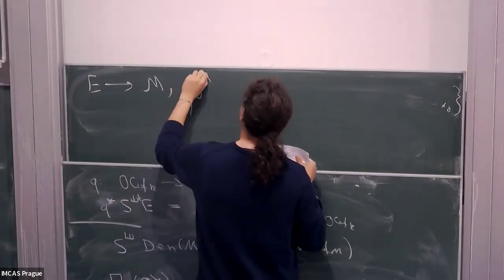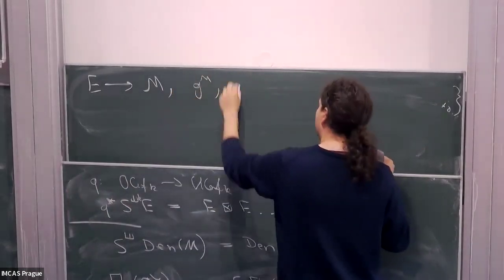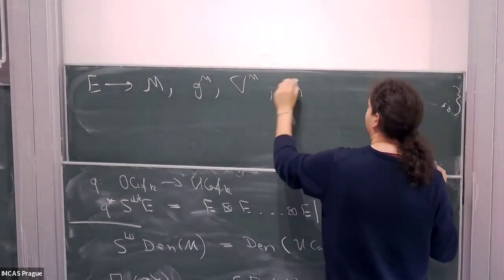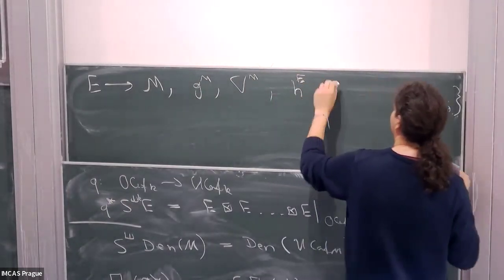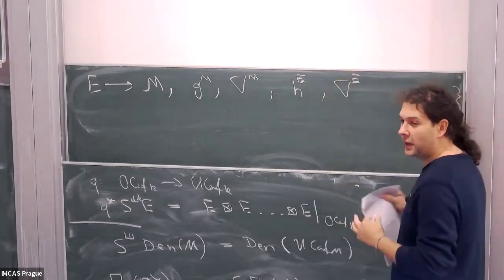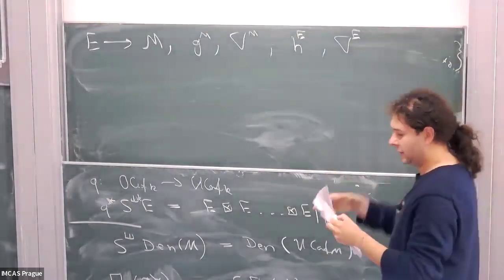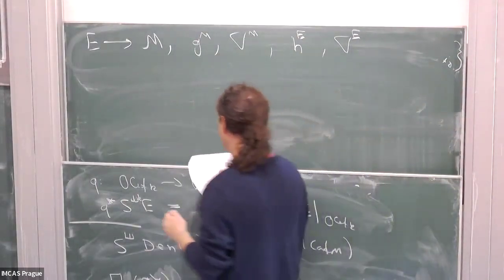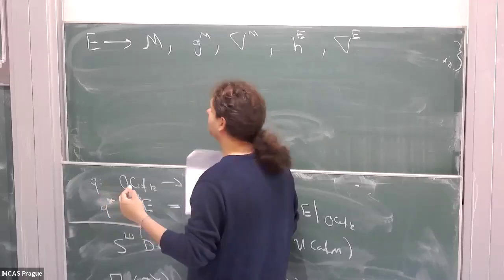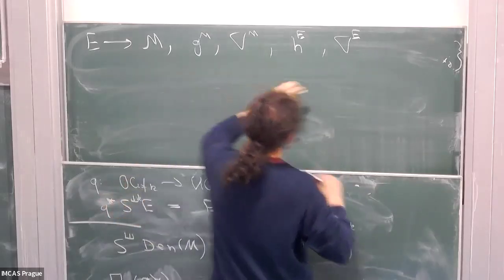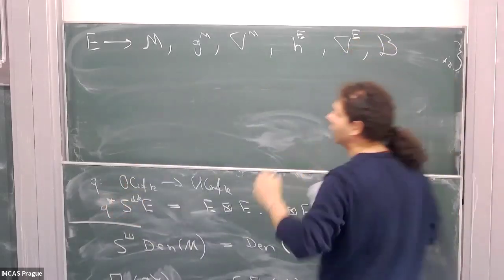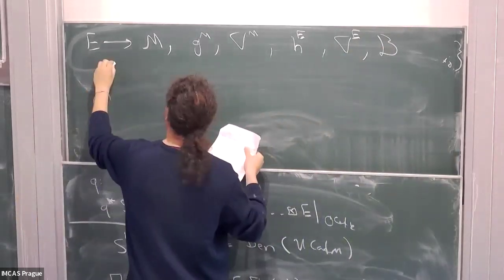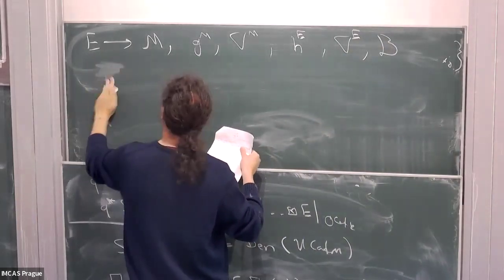So we fix some metric on M, some connection on M, some metric on E, and some connection on E. Now usually we would define seminorms on the sections, but now because we have given some bornology on M and not just the pre-compact sets, this gets a little bit more subtle.